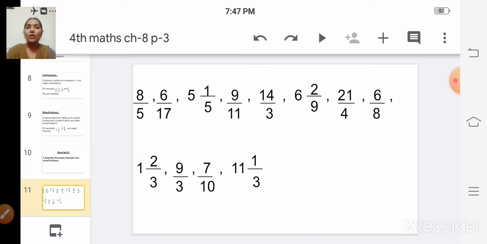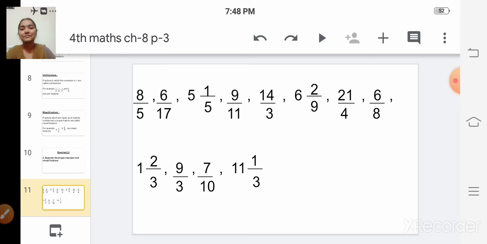Or we can easily say whether it is a mixed fraction or not, isn't it? By seeing itself, we can find out the mixed fraction. It is made up of a whole number and a proper fraction. So shall we find out and separate these fractions?